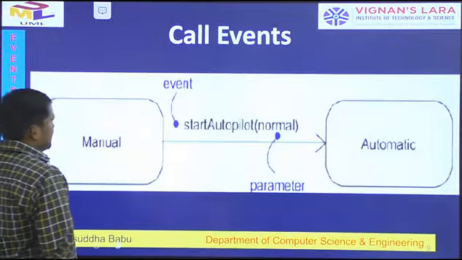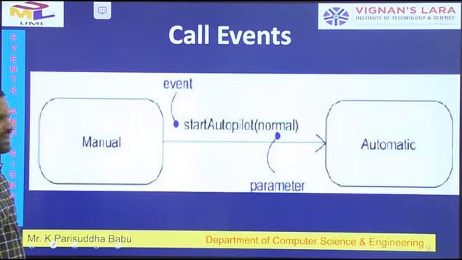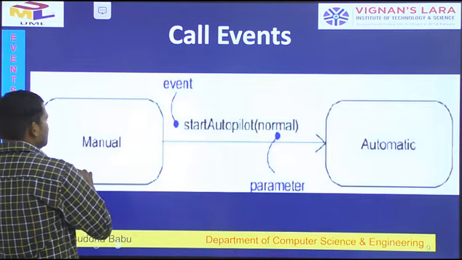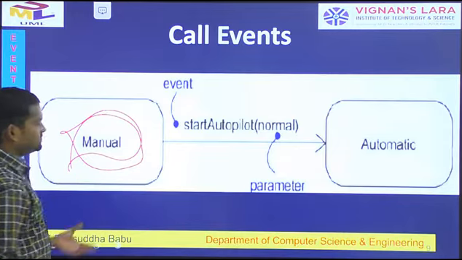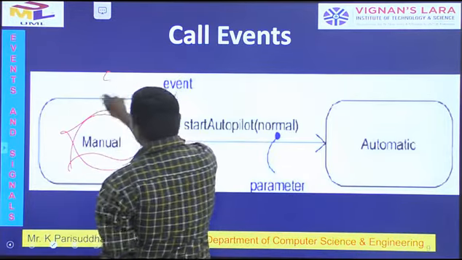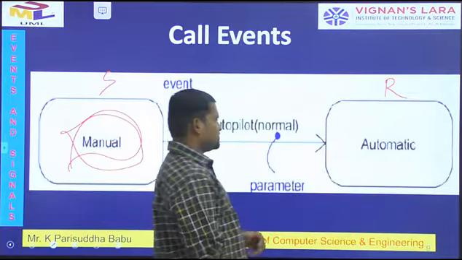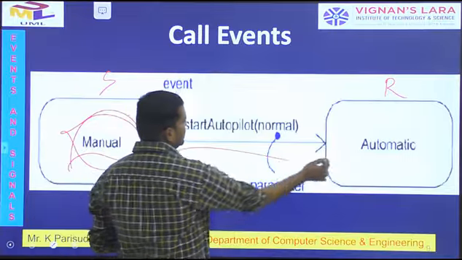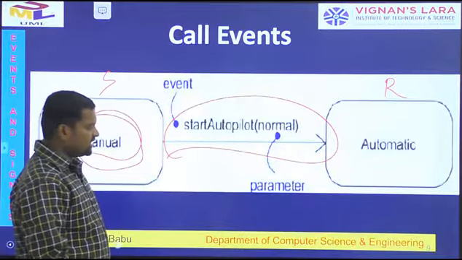Next, call events. See, a call event from Manual. Manual is one kind of state. This is a source state and this is a receiver state. In between the source and receiver, we are sending a signal, an event.